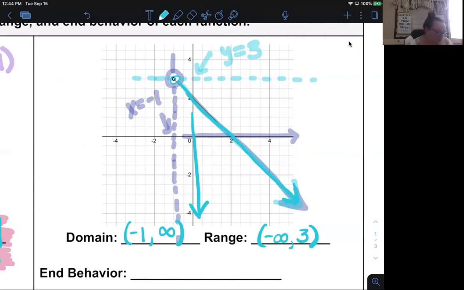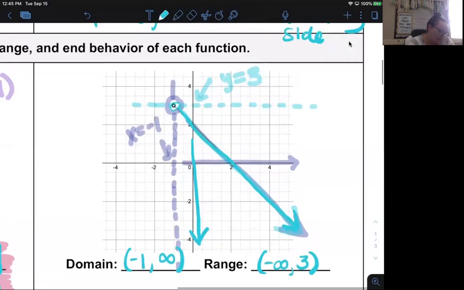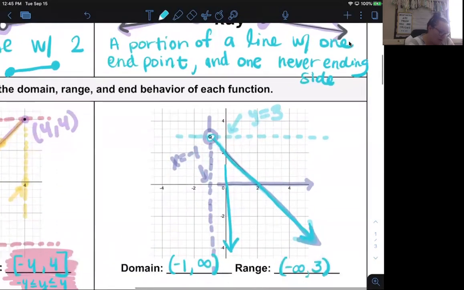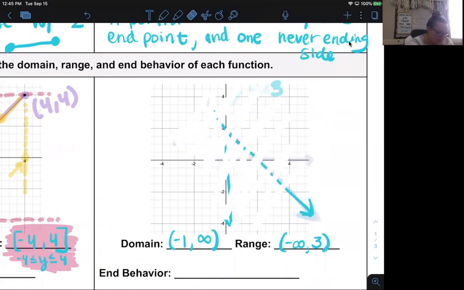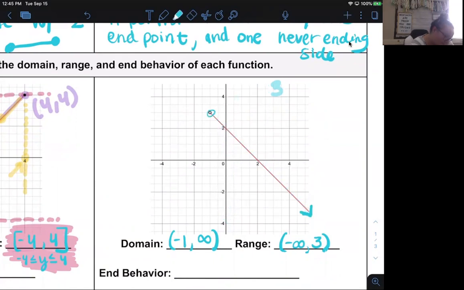All right, so we have a ray here, and because it extends forever in one direction, we're going to describe the end behavior of that portion of the line. The portion of the line that extends forever is headed in this direction.